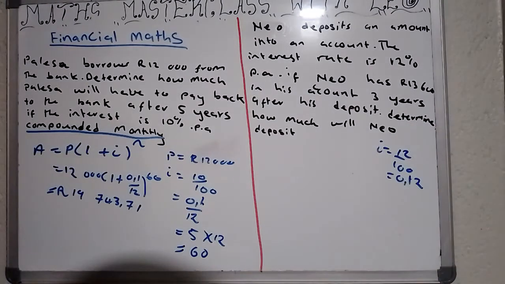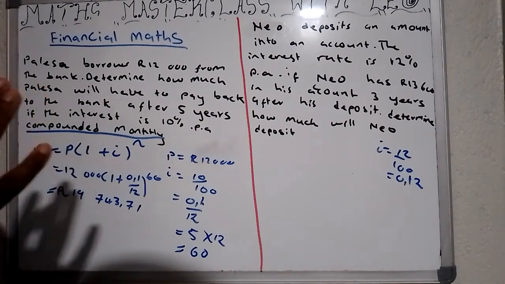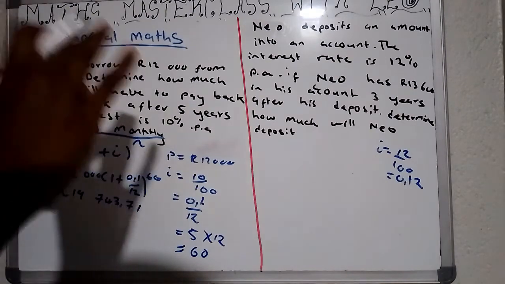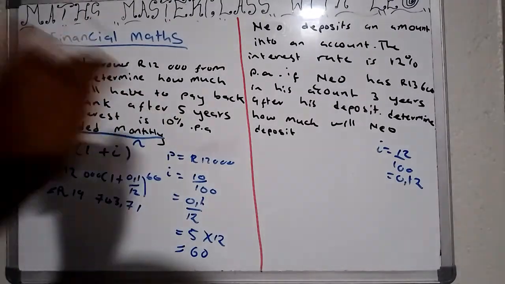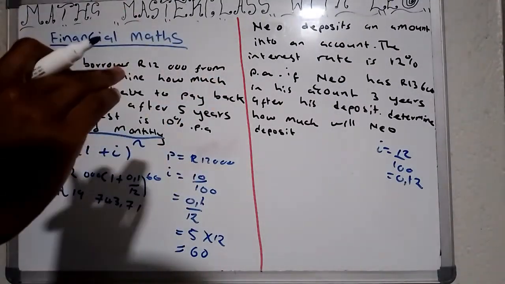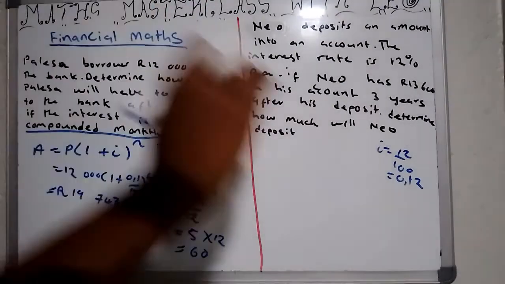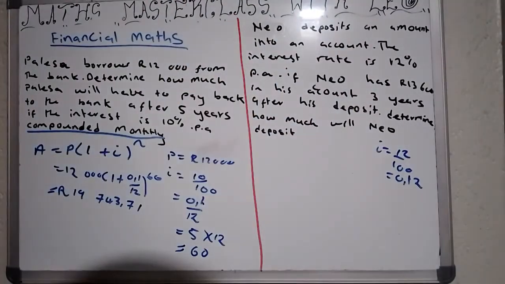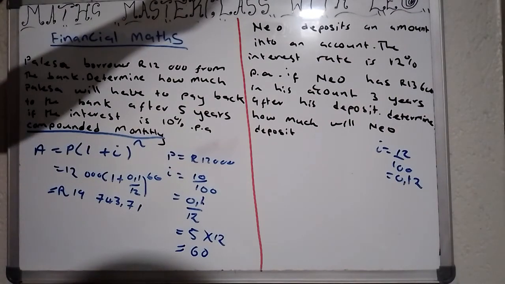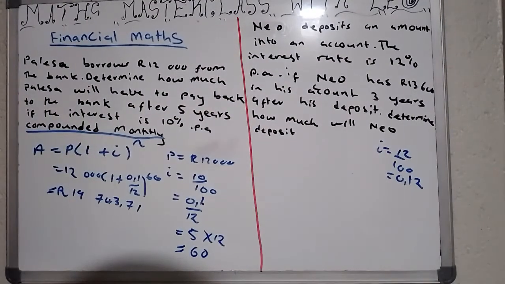Right? And then, if you read the statement carefully, Neo deposits an amount into an account. The interest rate is 12% per annum. If Neo has 13,600 in his account 3 years after his deposit, Neo deposits a certain amount now. After 3 years, he's having 13,600.